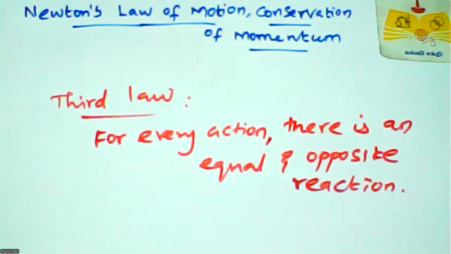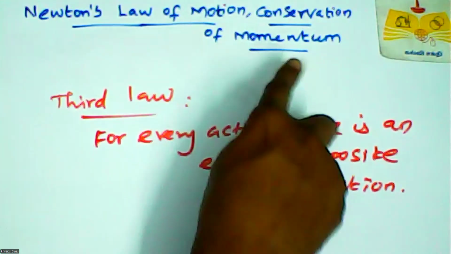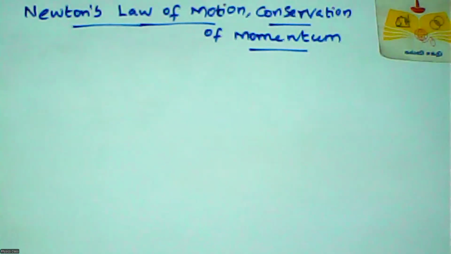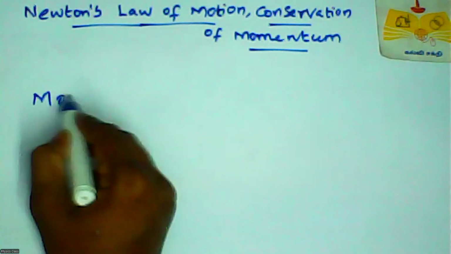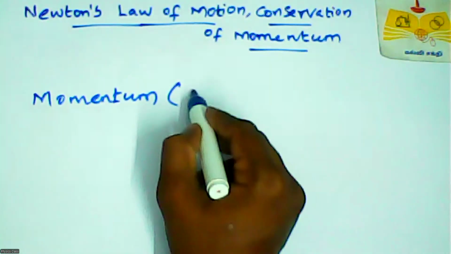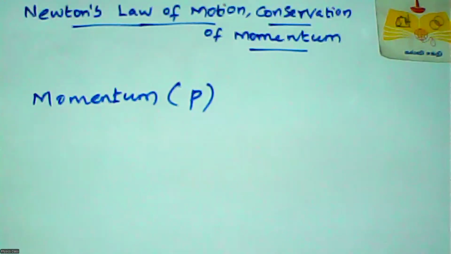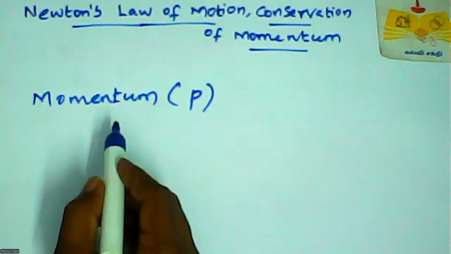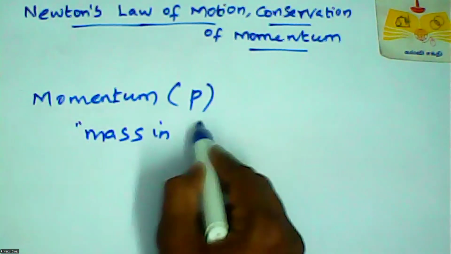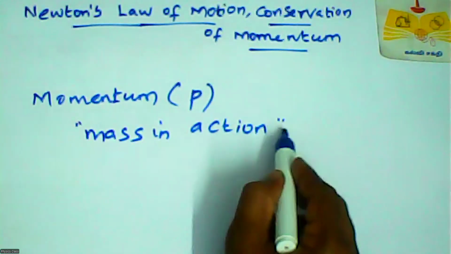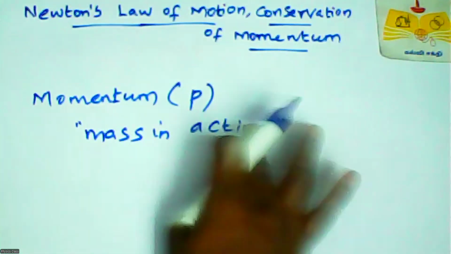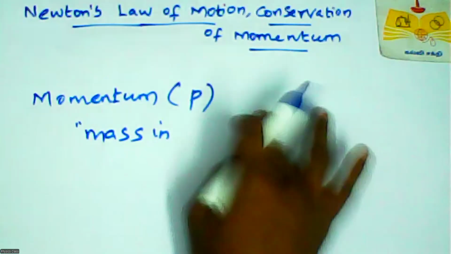Okay. Next, we have the concept of momentum. It is denoted by the letter P. Momentum is essentially mass in motion.